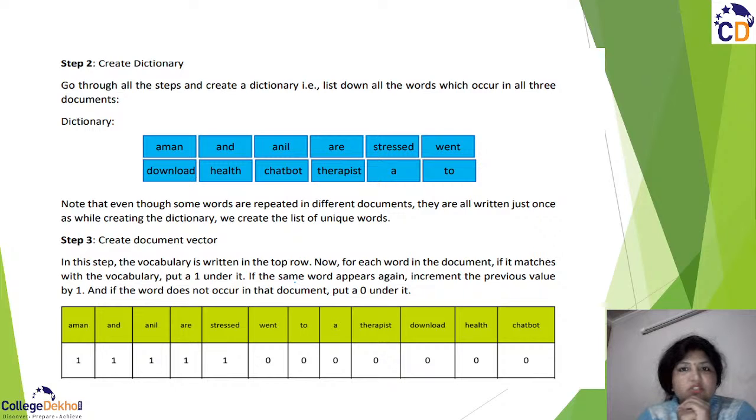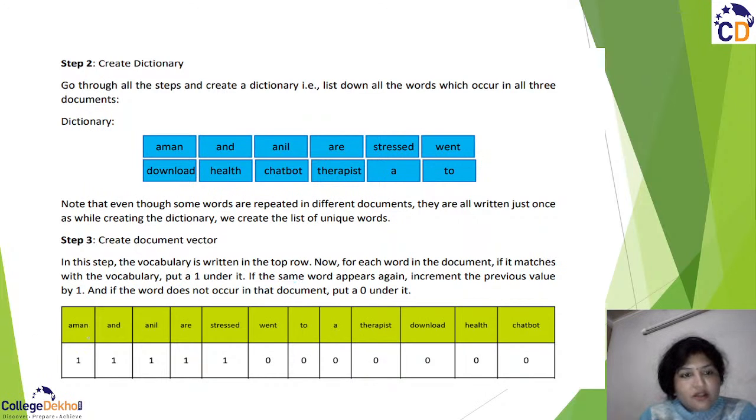List down all the words which occur in all three documents, but uniquely. Even though some words are repeated in different documents, they are all written just once. While creating the dictionary, we create the list of unique words only.